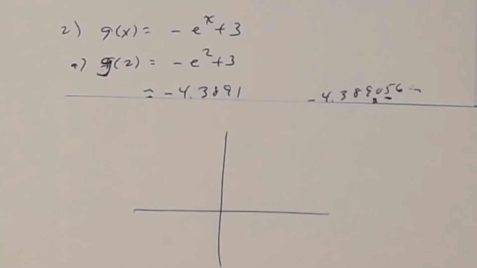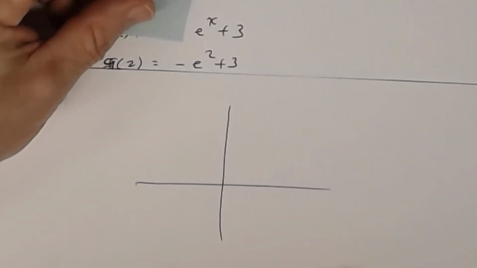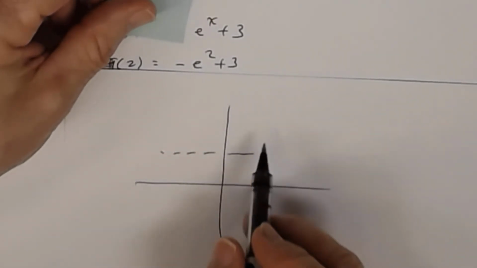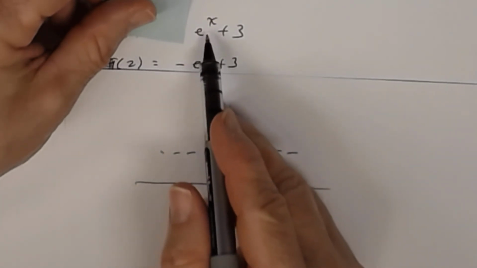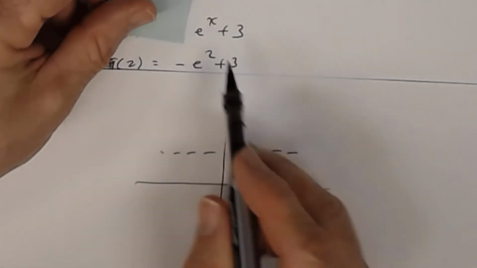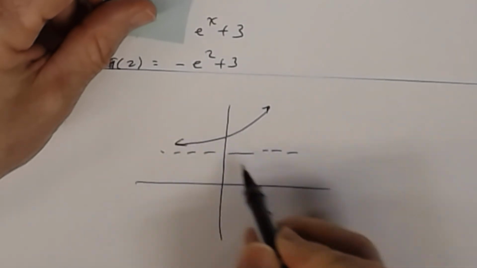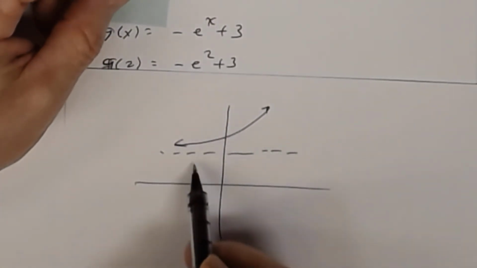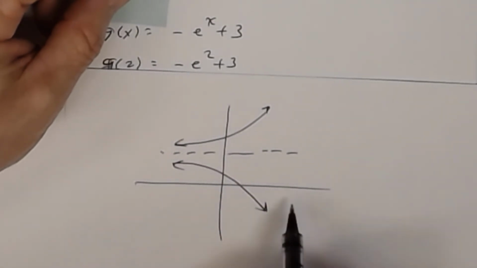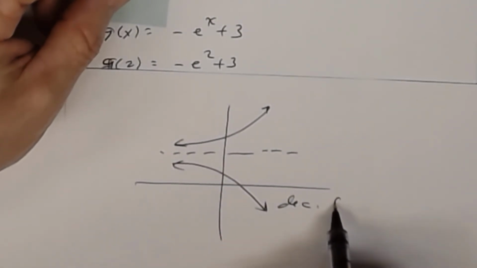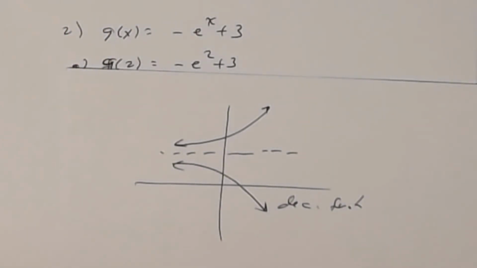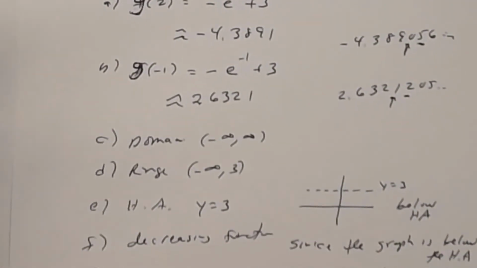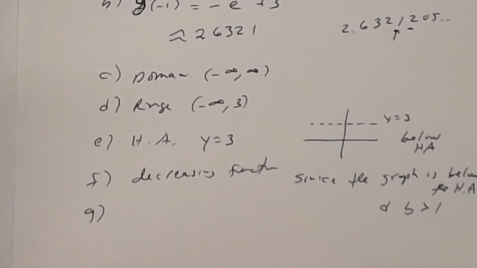If we cover this up, then the horizontal asymptote is y equals 3, and the graph's going to be above the horizontal asymptote, right? And since the base is greater than 1, it'll be an increasing function. Since there's a reflection, instead of doing this, it'll do this. So then it'll be a decreasing function. So make sure you understand what I just said. That's why the answer to F is a decreasing function.